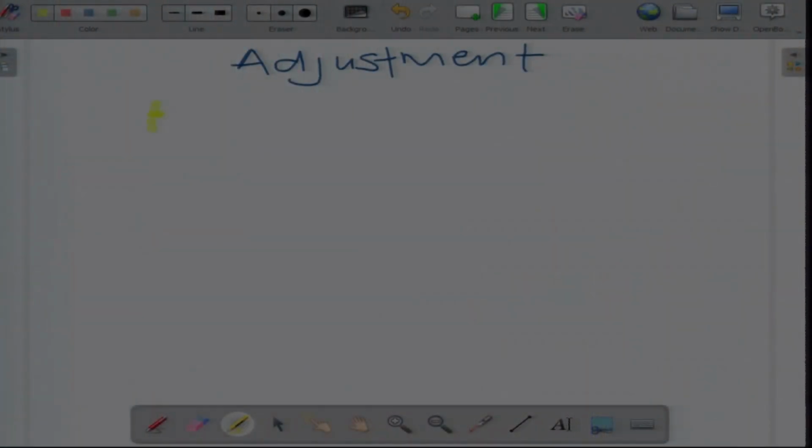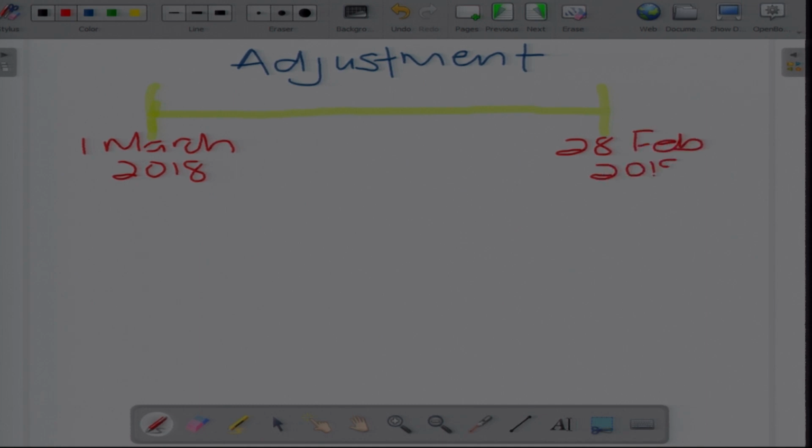For example, let's say this is your financial year, starting on the 1st of March 2018 till the 28th of February 2019. This is our financial year.